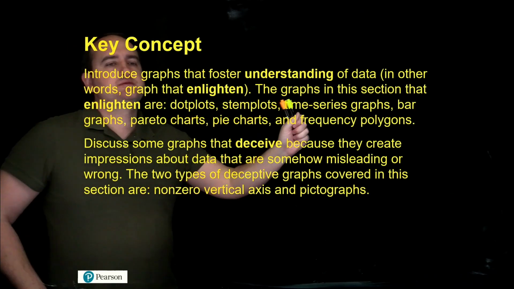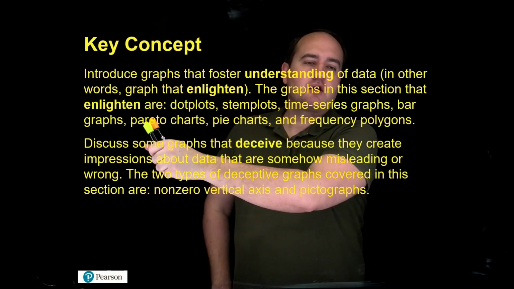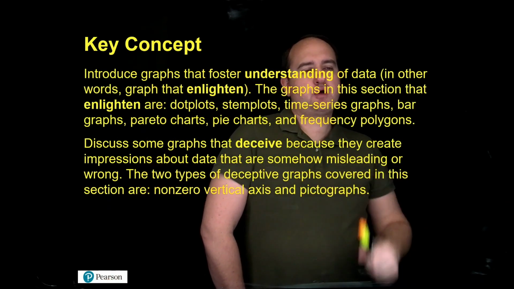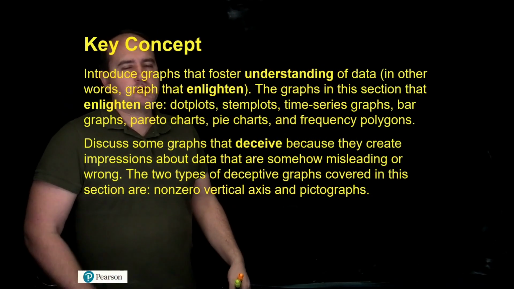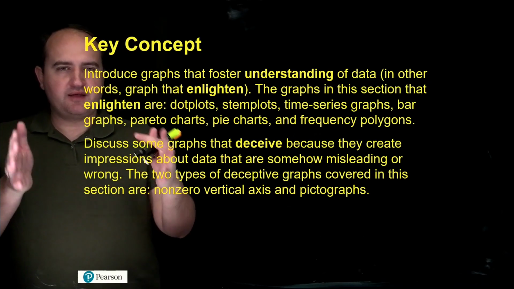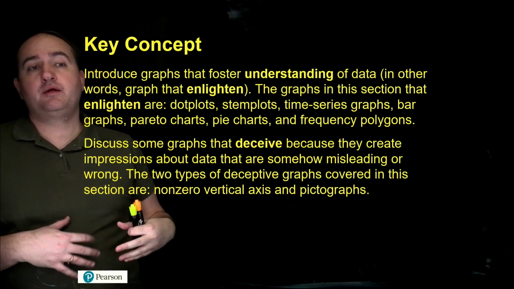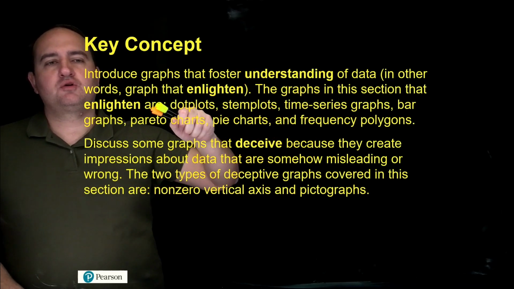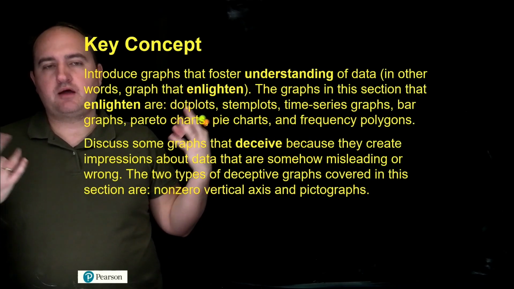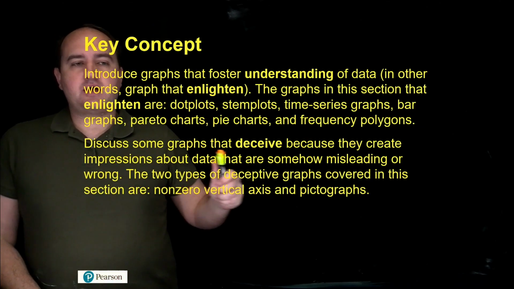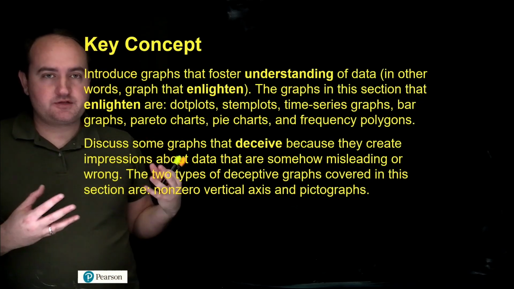Dot plots, stem plots, time series graphs, bar graphs, Pareto charts, pie charts, and frequency polygons. So as long as we display these graphs correctly, those are all considered graphs that foster understanding, or graphs that enlighten us, help us understand what's going on. Now, what about graphs that lie to us?